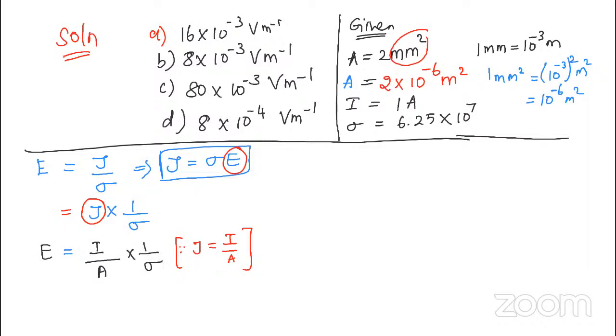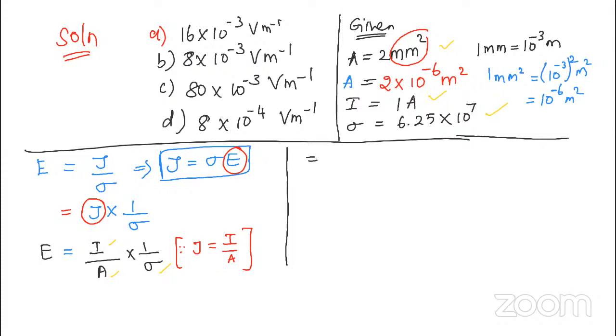Check whether all our required values are available here. A value is there, I value is there, and sigma value is there. All the values are here. So let us now substitute in the formula. What is the value of I?